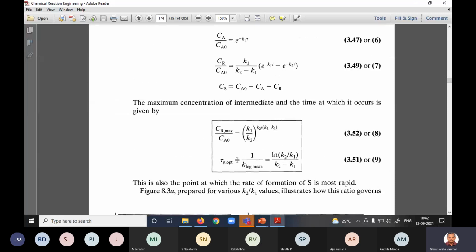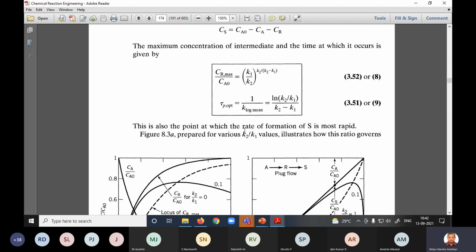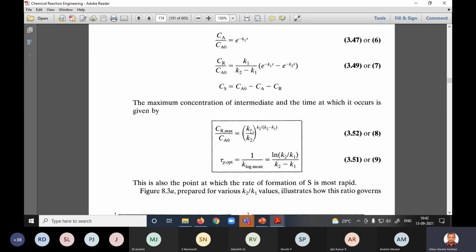For a batch reactor, you need to calculate CR max by CR naught, because these expressions are for a batch reactor, and you can use the same design expressions for a plug flow reactor also. For a mixed flow reactor, you need to do the derivation. That we will do in the next class.